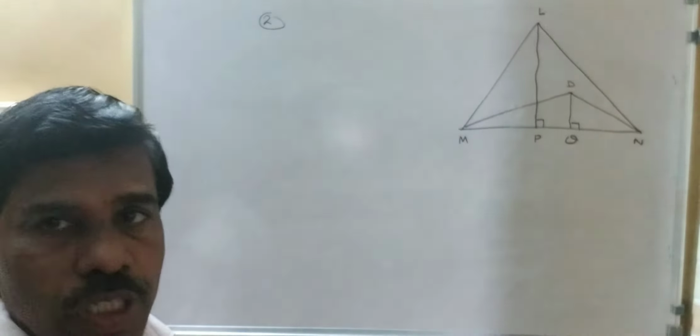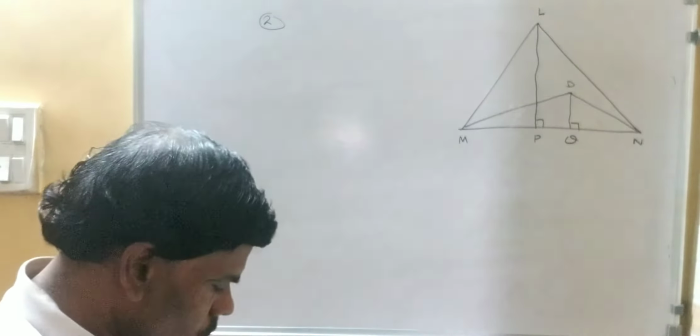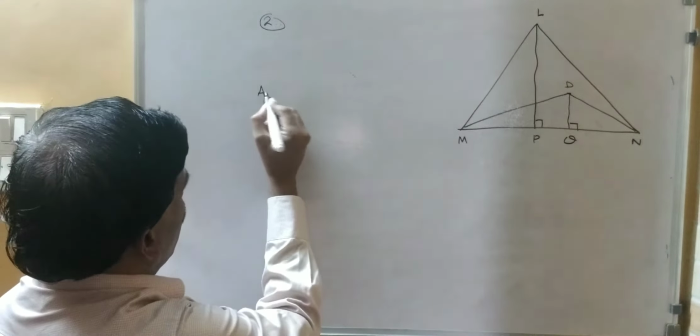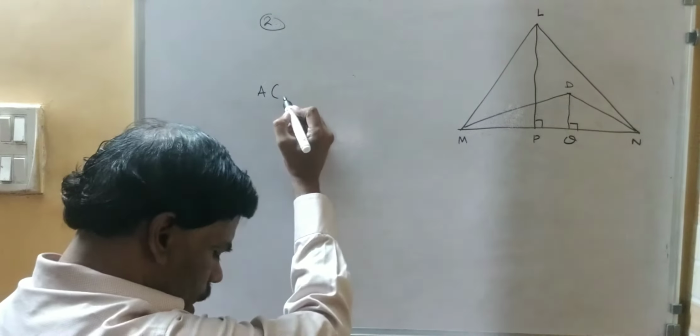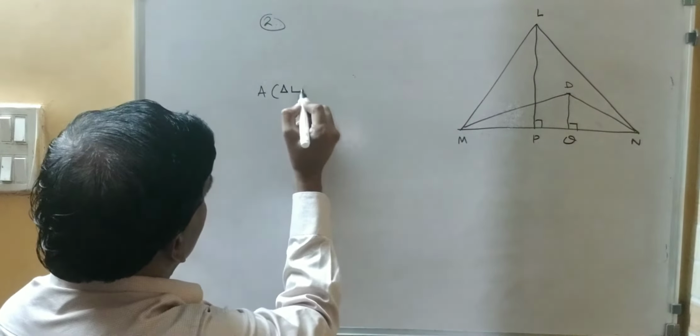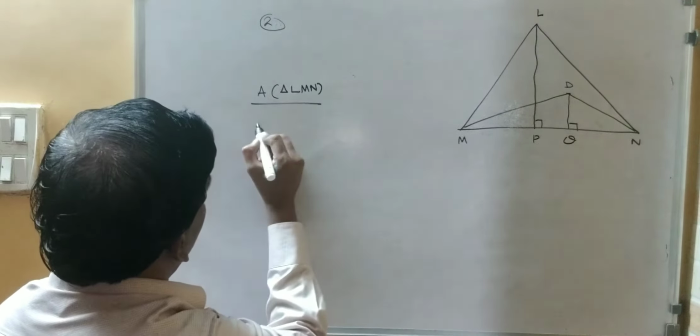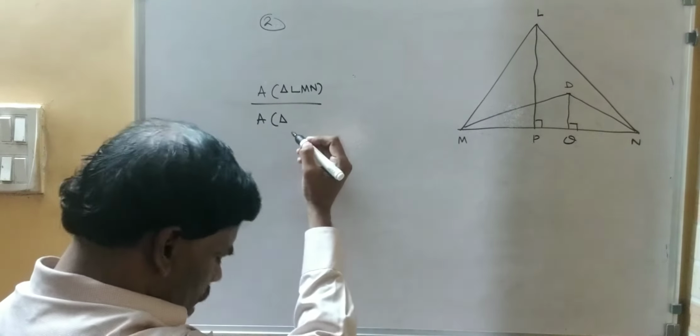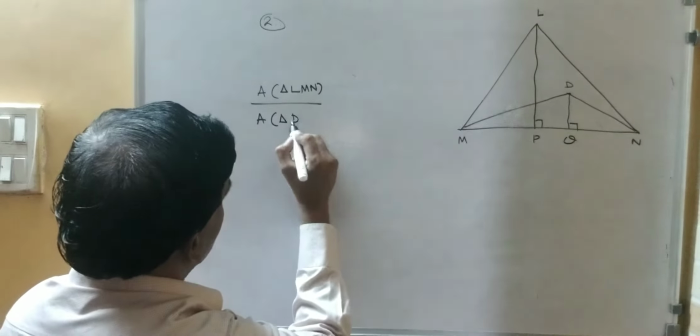See here, this one diagram is given to you. You have to find the ratio of the area of triangle LMN upon area of triangle DMN.